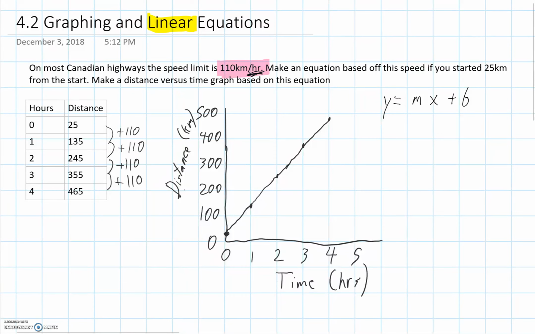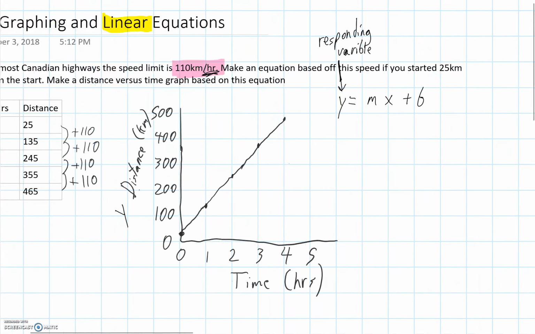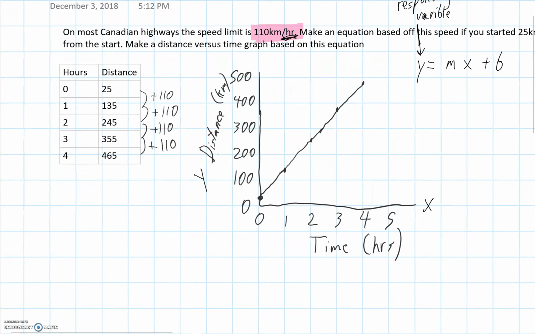Now, y is always the responding variable. So this is like a science thing, right? Responding variable. And in this case, it would be distance. So the y is always, this is the y-axis, and this is the x-axis.